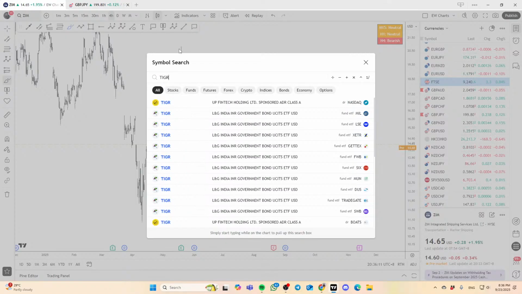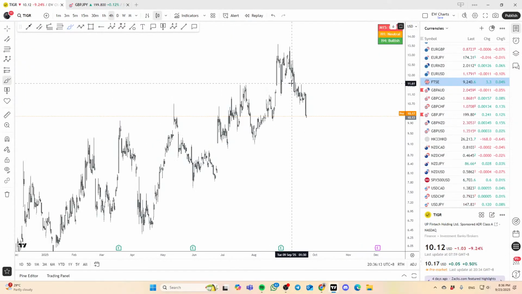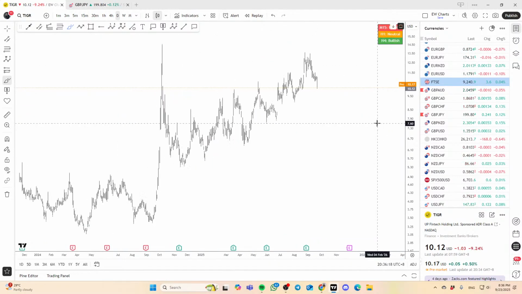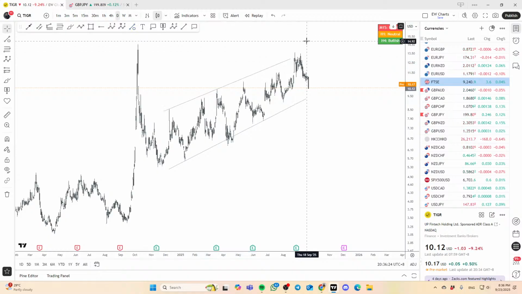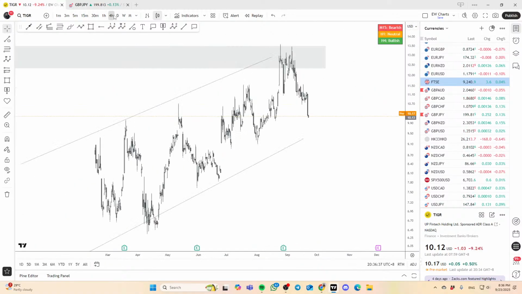TIGR. Okay, Tiger stocks. Let me just look at it on a high time frame. This is definitely very corrective in its development. We did come to the top. Not exactly the very top, but again, it's an area that price is currently reacting off. It seems to be coming down pretty impulsively as of now.